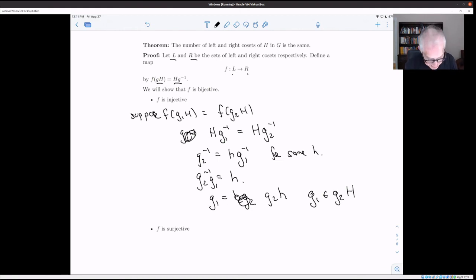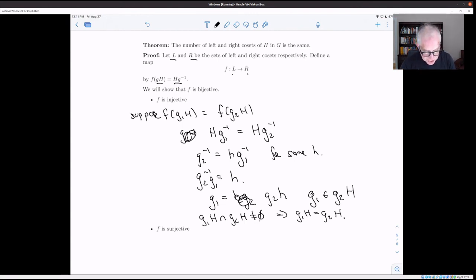And that means that g1H intersect g2H is not empty because g1 is in g1H and in g2H. And therefore, g1H equals g2H. In other words, the map is one-to-one or injective, because if f of A equals f of B, then A equals B.